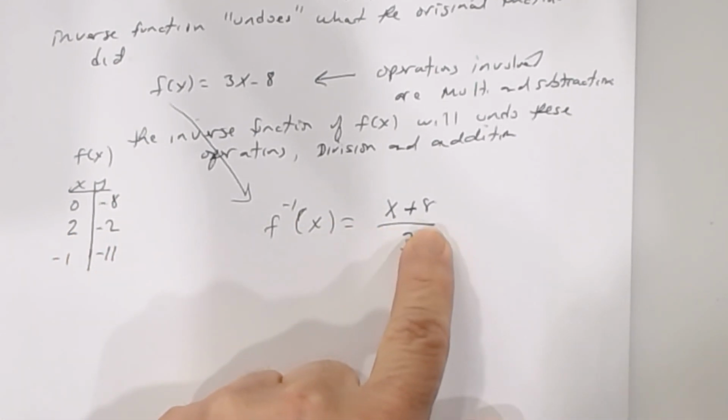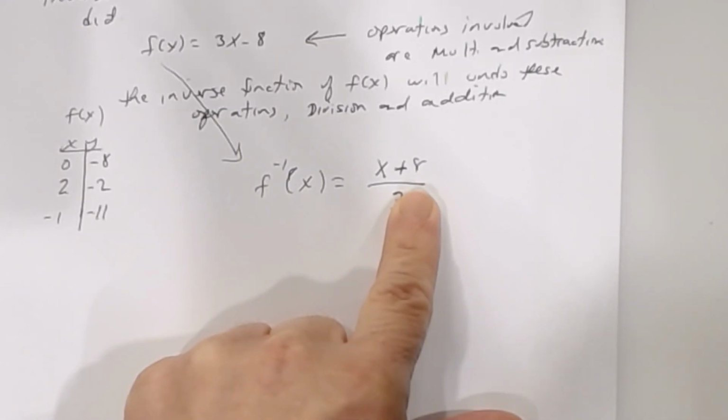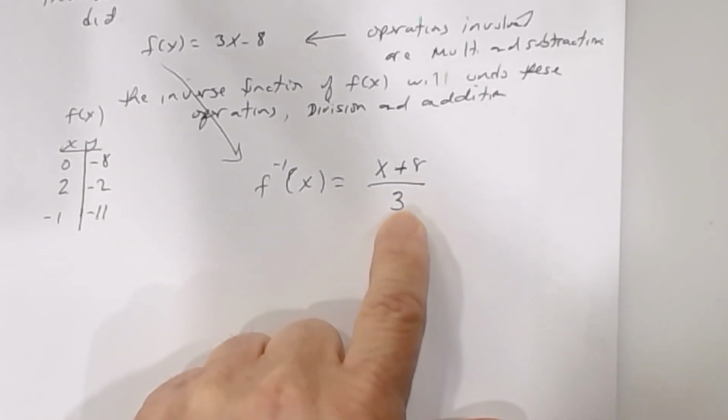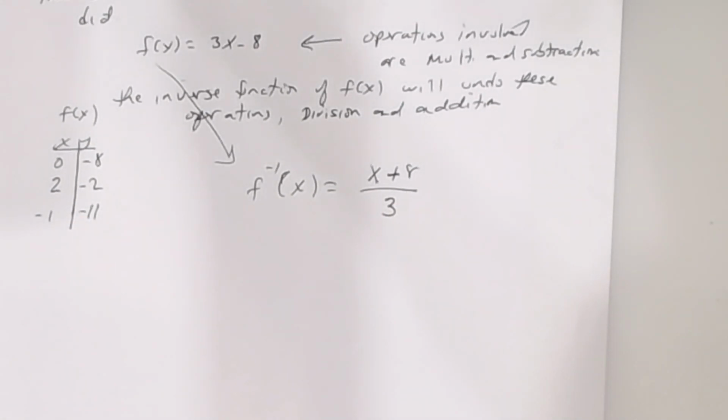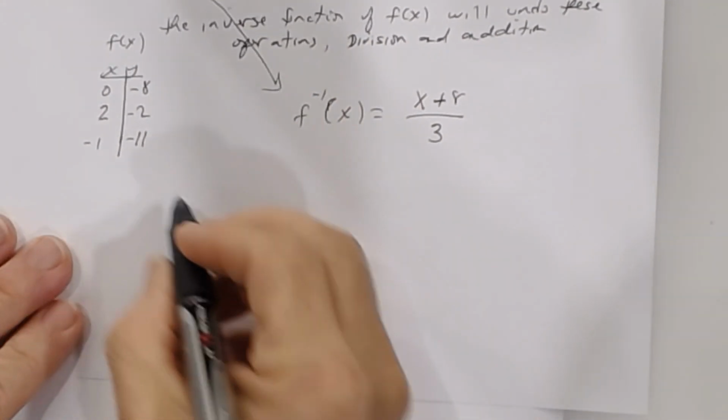What's -11 plus 8? -3. David, you need a calculator, okay? What's -3 divided by 3? -1. That's very simple.